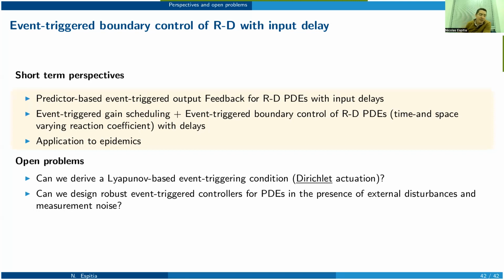So surely the triggering condition will depend only on the output and on the estimated states. But we have to overcome a limitation that we encounter in, I think, every observer-based design for event triggered control, even for finite-dimensional systems, and it's the fact that the output is measured.